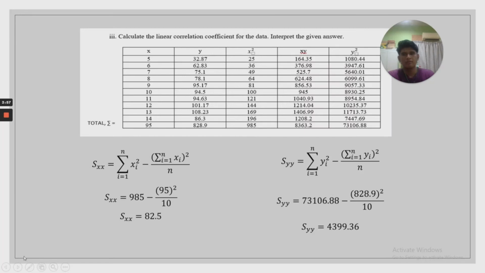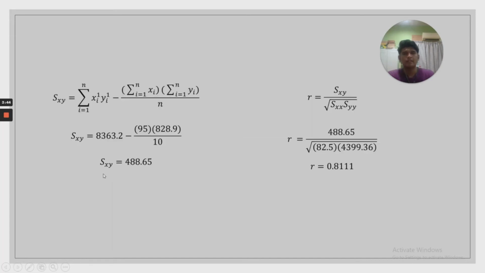So first, Sxx, you will get the answer 82.5, and next is Syy, the answer is 4389.36, and the next is Sxy, and the answer is 488.65. Okay, so we have all the data.